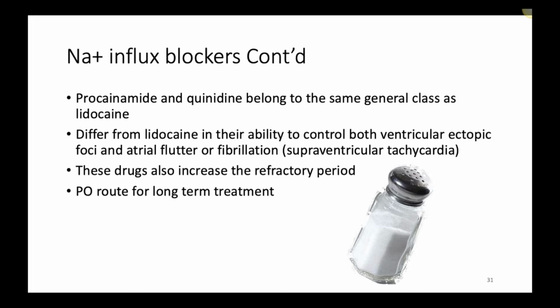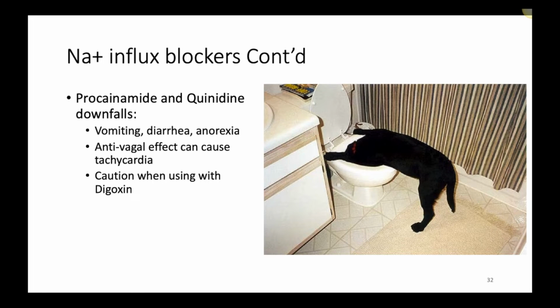So that's the one that they also use in boxer cardiomyopathy. They'll use that as an initial intravenous injection and then move on to quinidine as an oral dosage for these horses. So that's a clinical application.